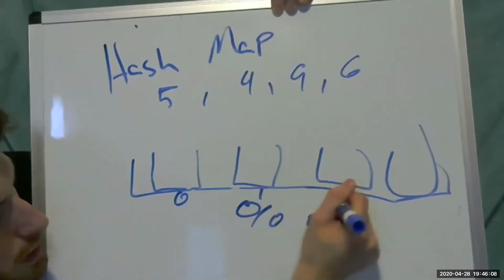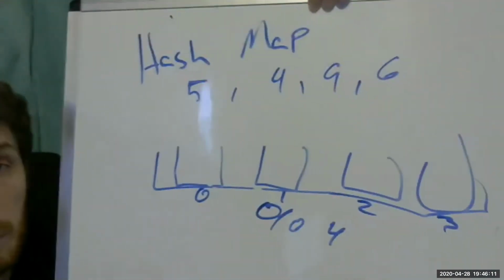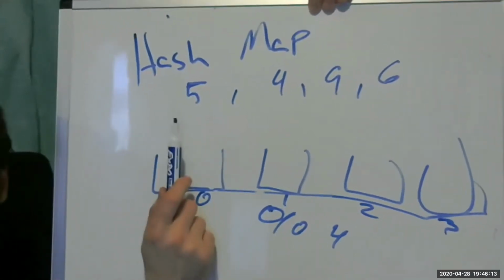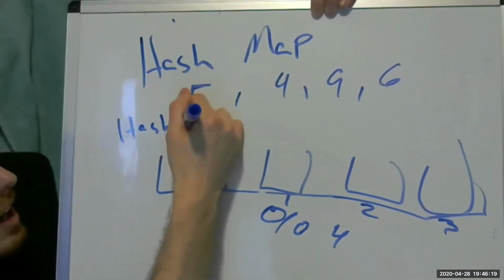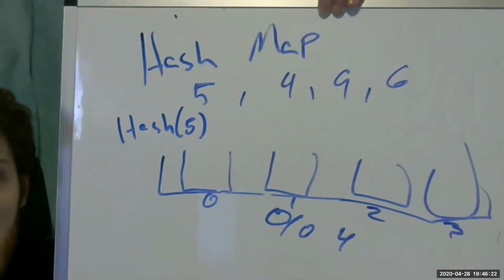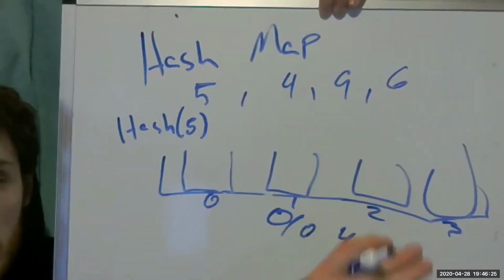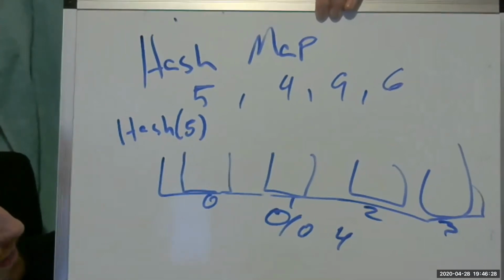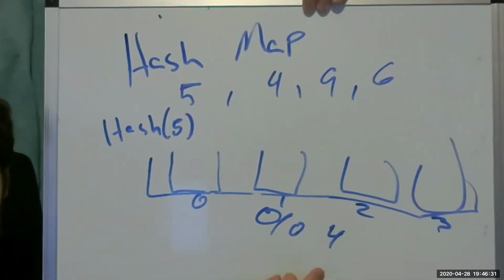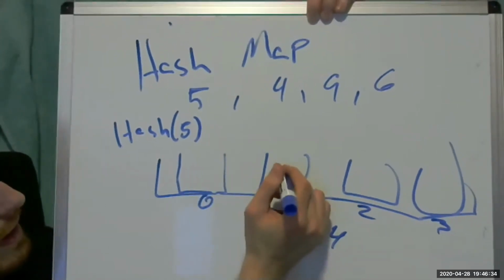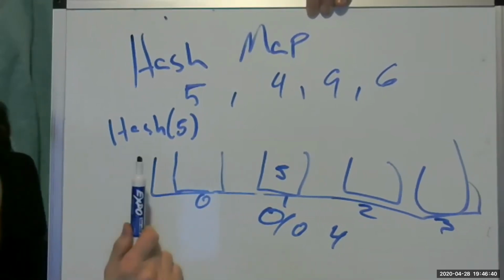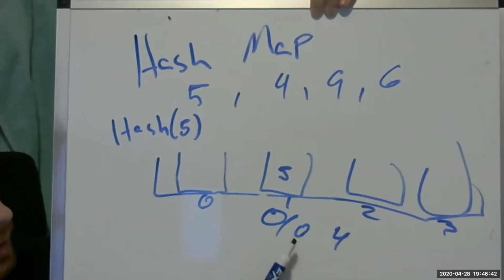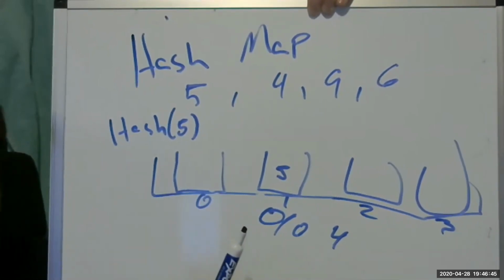When we put our 5 in, we no longer are modding 5 by 4 directly, but we put our 5 through our hash. So we call hash on our 5, some random hash function, and we get back some really weird number, and we don't know where it goes, but we mod that weird number by 4, and so we can put that in that bucket. Because every time we hash 5, we're always going to get that same random number, and we'll know we can get it there. That's the same with a string.